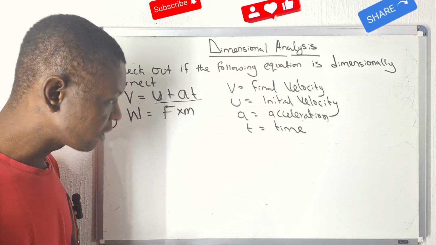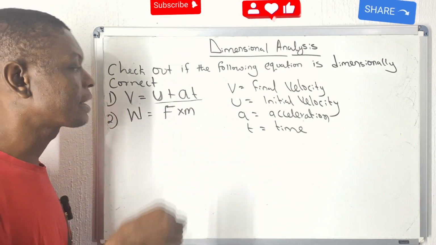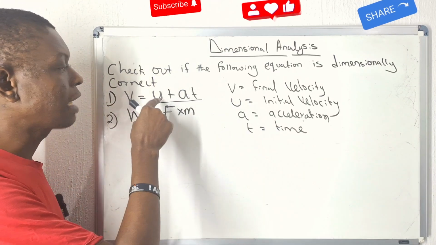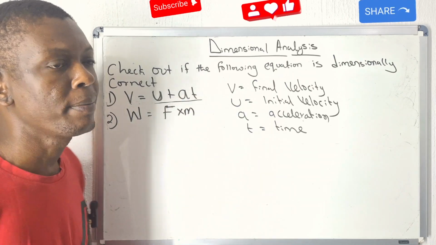So this formula was developed to find the final speed of a vehicle which has an initial velocity and is accelerating with respect to time.